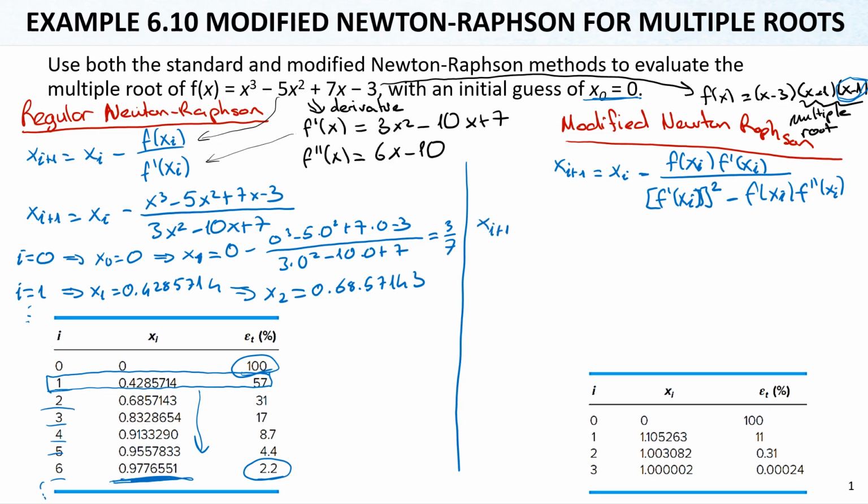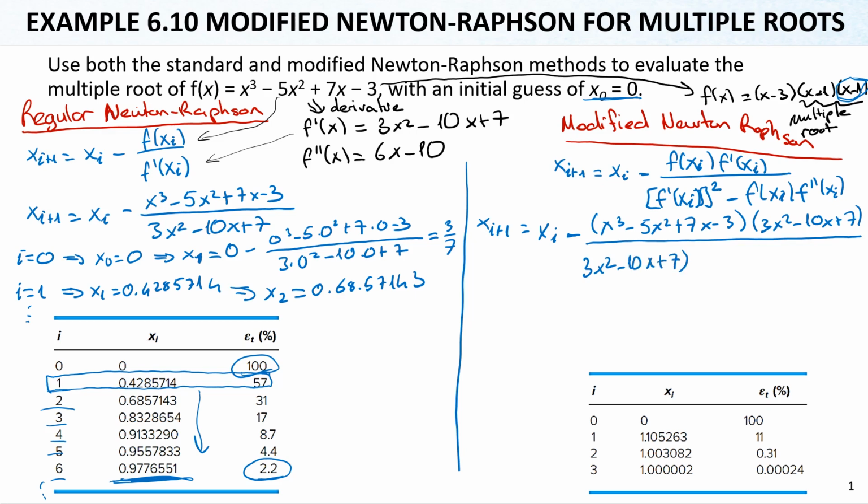So xi plus 1 is equivalent to xi, and in here minus f(xi) is x cubed minus 5x squared plus 7x minus 3, and the derivative is 3x squared minus 10x plus 7, divided by f prime squared, that means 3x squared minus 10x plus 7 and its square, minus f(xi), x cubed minus 5x squared plus 7x minus 3, and we will multiply this by the second derivative, which is 6x minus 10.